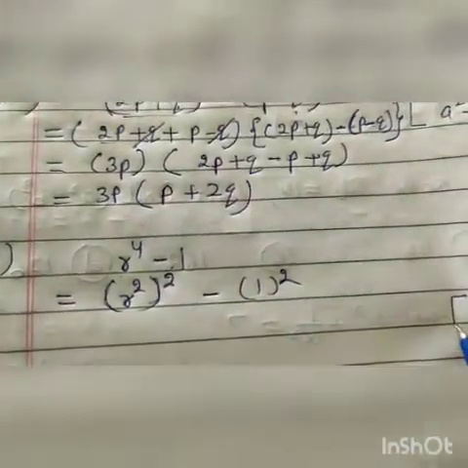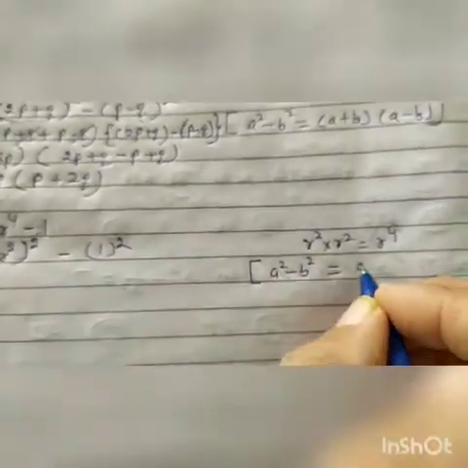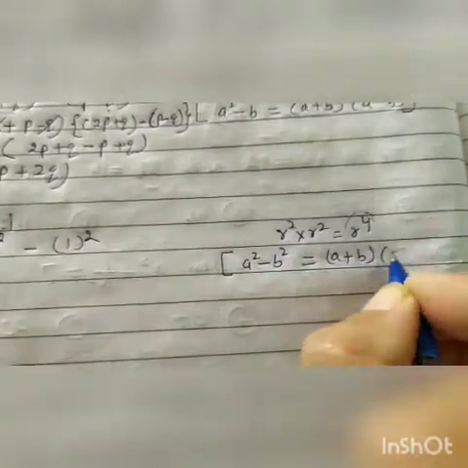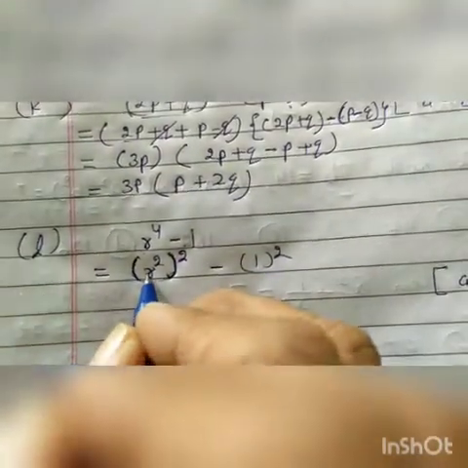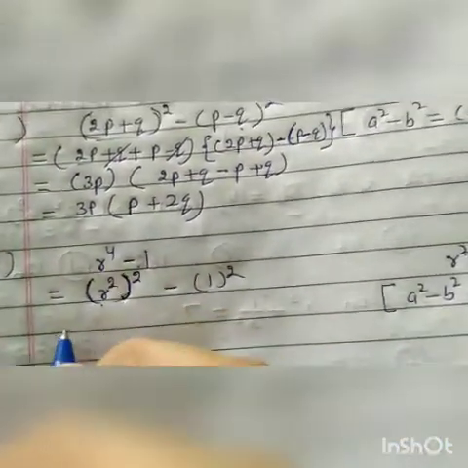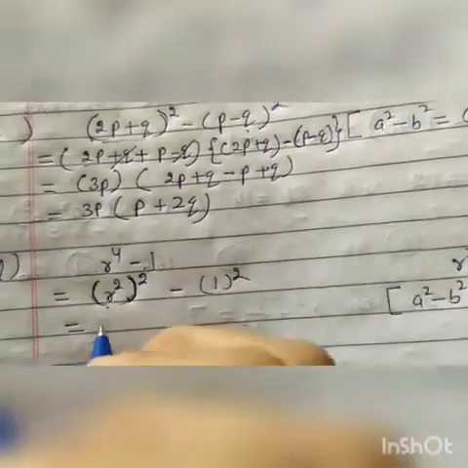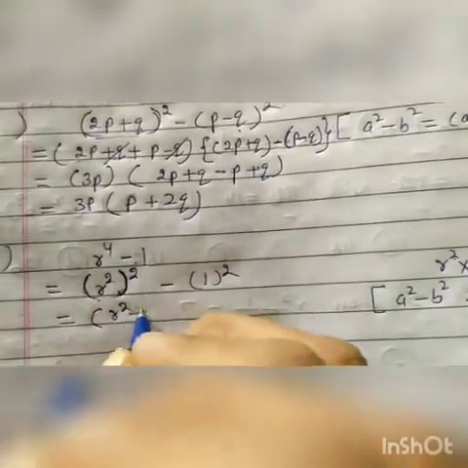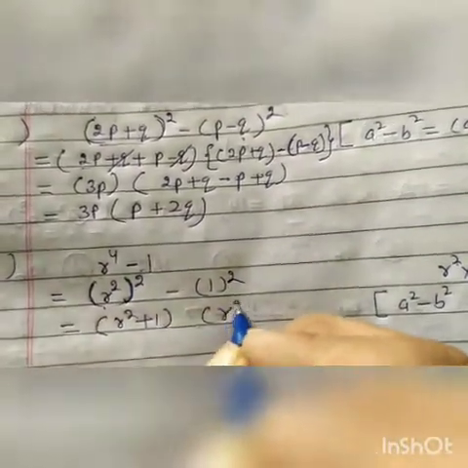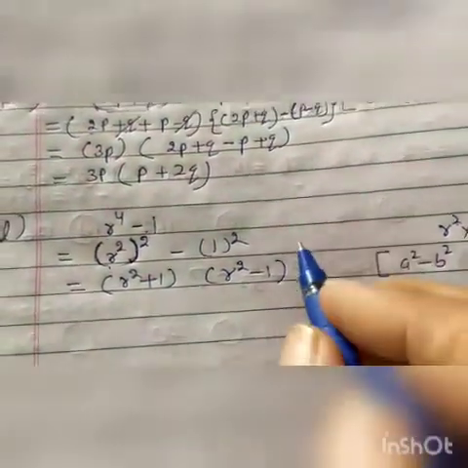Now again we will use a square minus b square is equal to a plus b, a minus b. Now what is the value of a? What is within the bracket is r square. It means the value of a is r square and the value of b is 1. So a plus b means r square plus 1 and r square minus 1. Clear?